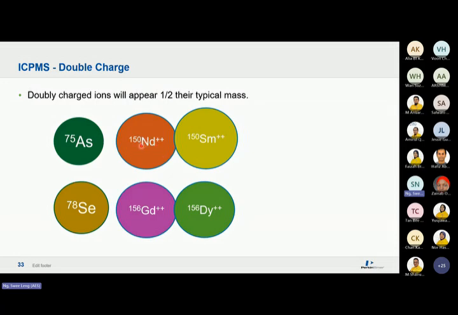So let's say ND is 150, you double charge, you divide by 2, so you become a problem for arsenic. Samarium, you divide by 2, you become an arsenic problem. GD, you divide by 2, it becomes a selenium problem, and so on. So this is called the matrix effect in the ICP-MS. So ICP-MS has three types.